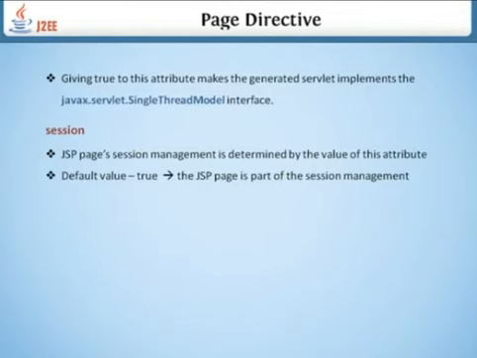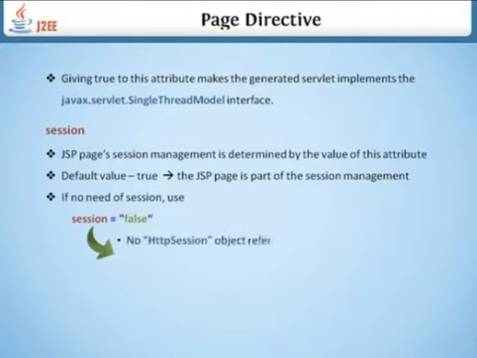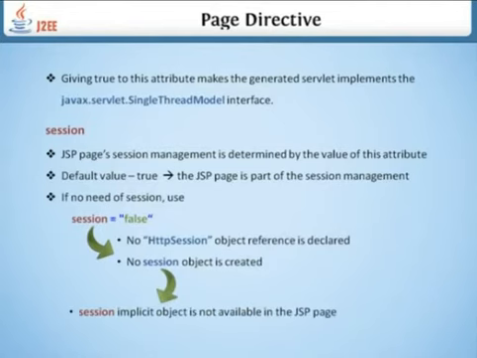If there is no need of a session, use session equal to false. Then no HTTP session object reference is declared, no session object is created, and the session implicit object is not available in the JSP page. Example: page session equal to false.